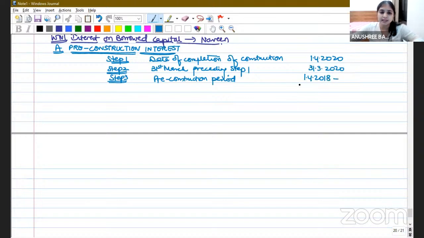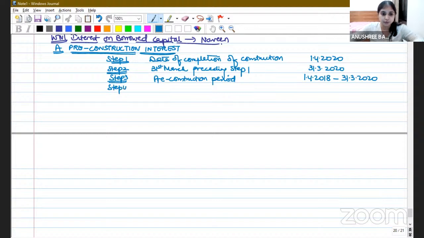Pre-construction period will always end on step 2 date. What is the step 2 date? 31st March 2020. Step 1, date of completion of construction. Step 2, just before step 1 date. When was the last 31st March? Step 3, pre-construction period starting on when you borrowed the loan and ending on the step 2 date.